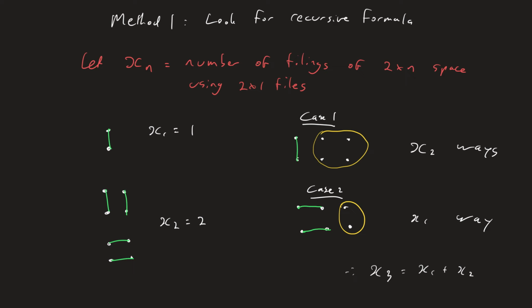And this means that the remainder of the tiling is based on how we tile a 2x1 rectangle. So there are x1 ways of tiling it in the second case. In summary, for a 2x3 grid, the number of tilings is given by x1 plus x2.